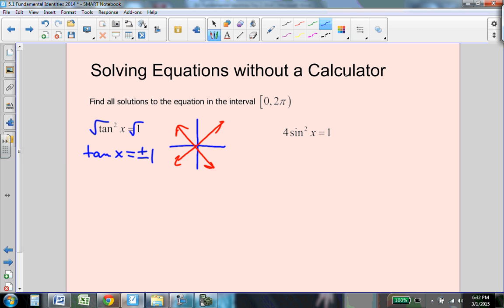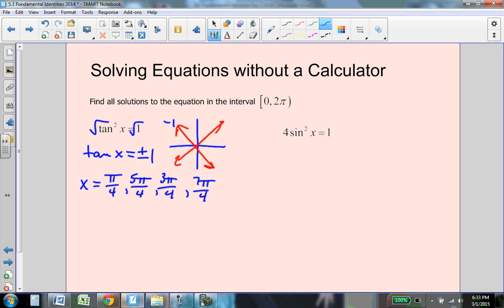And those angles, of course, are at pi over 4s. So we have positive 1 at both pi over 4 and at 5 pi over 4. And we have a slope of negative 1 over here at 3 pi over 4 and also at 7 pi over 4. So we have 4 different solutions to that equation.